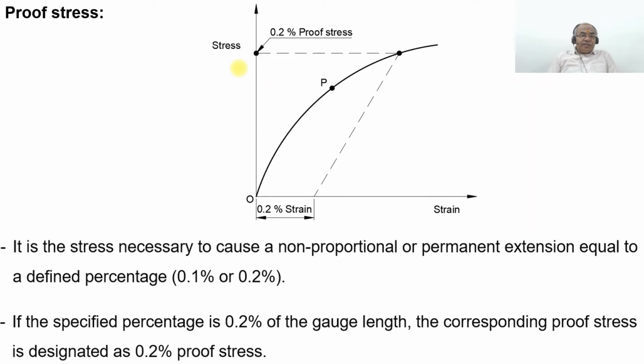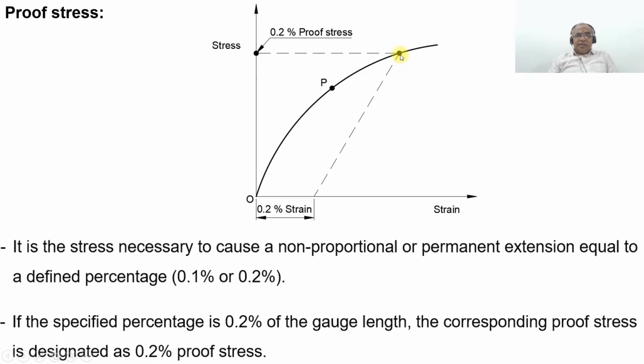Then you have the proof stress. It is the stress necessary to cause non-proportional or permanent extension equal to a defined percentage. You have the proportionality limit and then the yield point. Here there is a linear portion, so you draw a line parallel to this linear line such that it cuts the curve at this point.